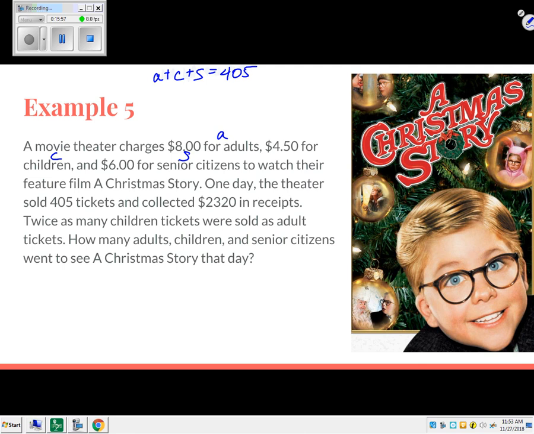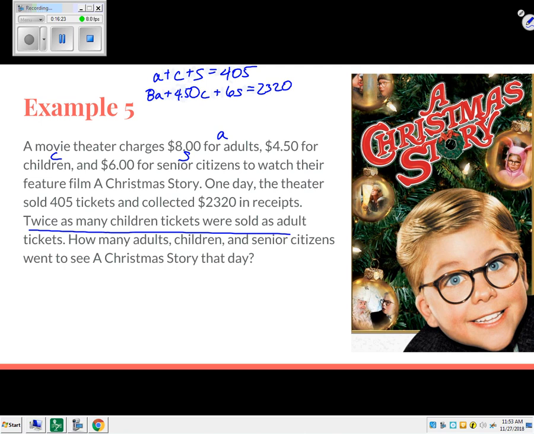So not much different than the previous video, I can just take the $8 that each adult paid, the $4.50 that each child had to pay, and the $6 that each senior citizen had to pay. Came out to be $2,320. Need that third equation. I have 3 unknowns. I need 3 equations. Here we go.